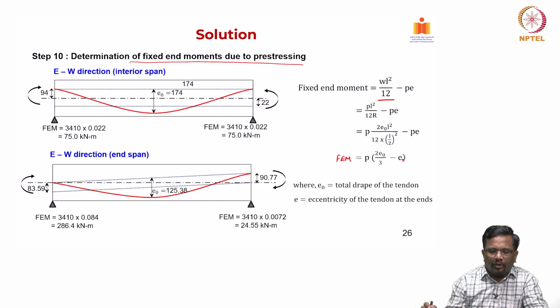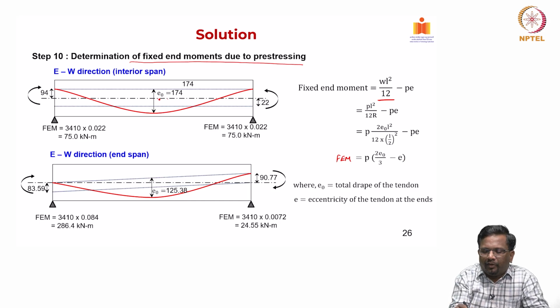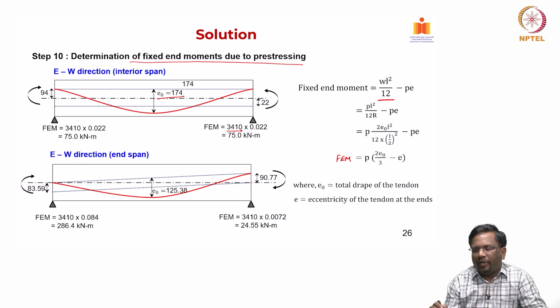So, what is E naught? E naught is nothing but the overall drape that we are talking about. In this case, for example, in the east west direction in the interior span, E naught is going to be 174, right. So, if you substitute this, the fixed end moment for an interior span is going to be the pre-stressing force, which is 3410, multiplied by 2 E naught by 3, which is 2 into 174 by 3, minus this eccentricity, which is 0.022 at this end point.